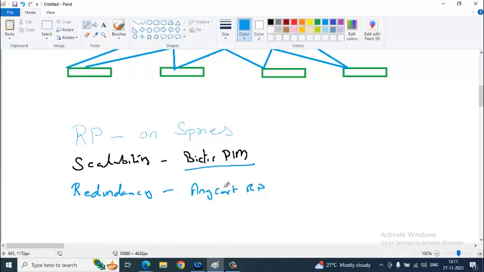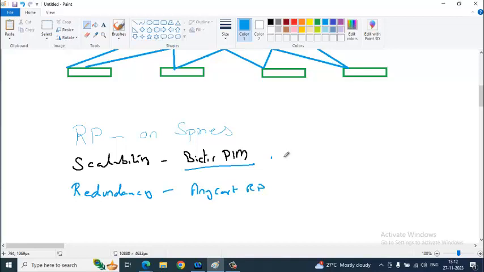You know what is bidirectional PIM? See, Anycast RP is nearest RP. Bidirectional PIM, when do we enable? Whenever a sender can be a receiver, as well as a receiver can be a source.